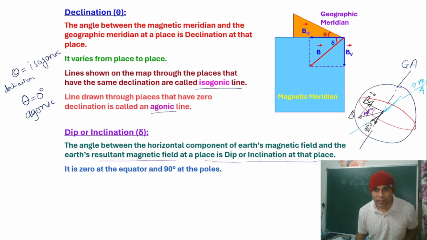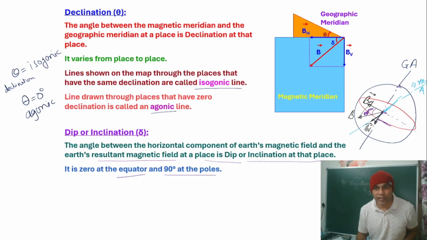Actually, I drew it at the equator, but equator means at the surface. It might be 0 at the surface, not inside the earth. I am saying it is on the surface. It means to say it is 0 at the equator, at the surface, and 90 degree at the poles.